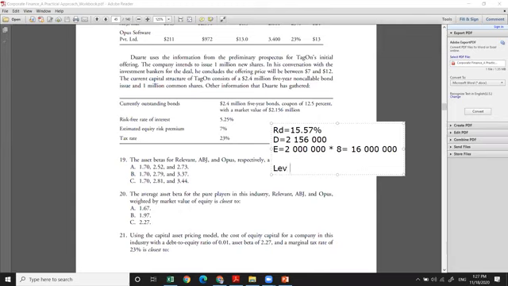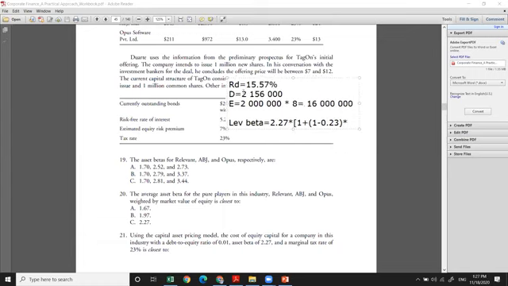So the levered beta is equal to the asset beta that we already estimated, which is 2.27, times 1 plus 1 minus 0.23, the tax rate, times debt over equity, which is 2,156,000 divided by 16 million.